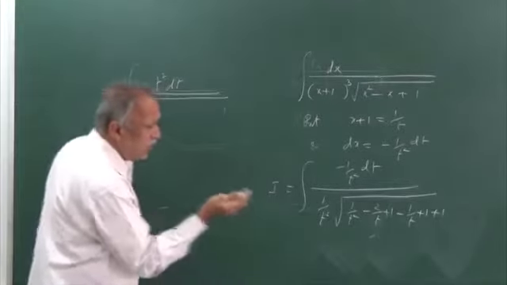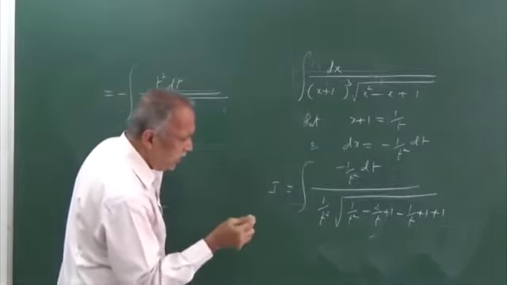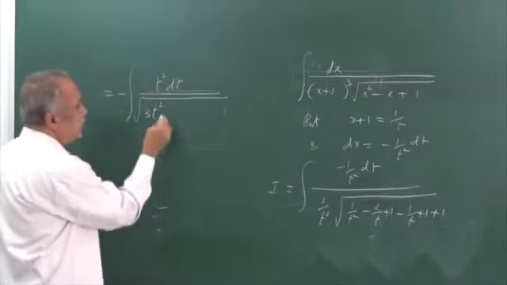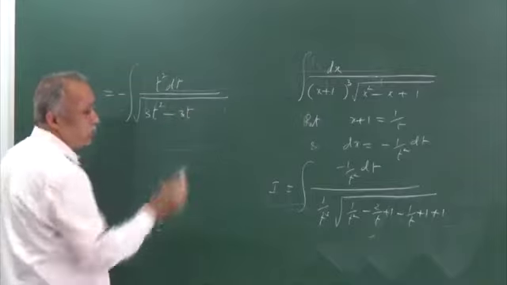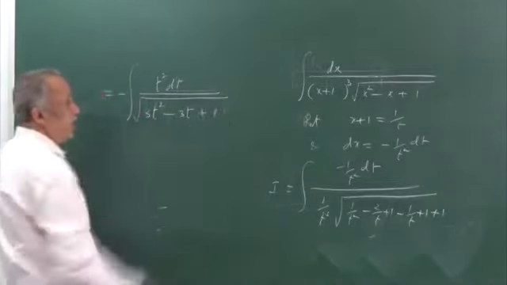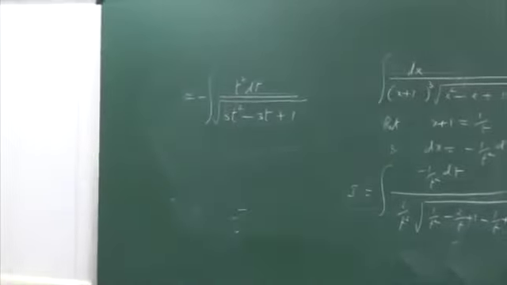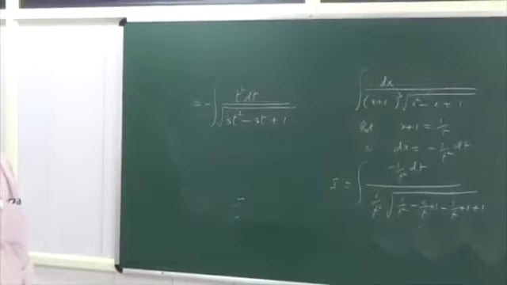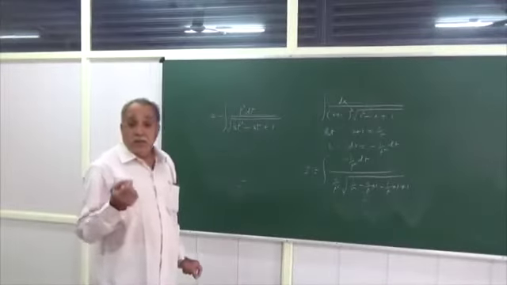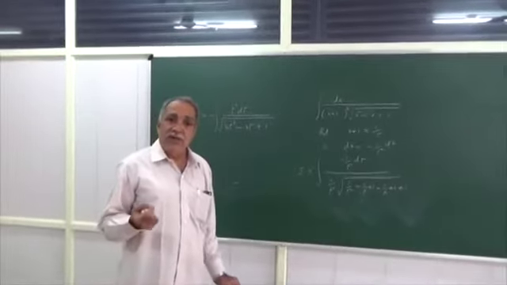The denominator will be square root of 1 plus 1 plus 1, 3t square, minus 2 by t, minus 1 by t, minus 3 by t into t square is minus 3t. Then 1 by t square into 1 is 1. You have obtained a quadratic in the numerator and the square root of a quadratic in the denominator. The method is well known.